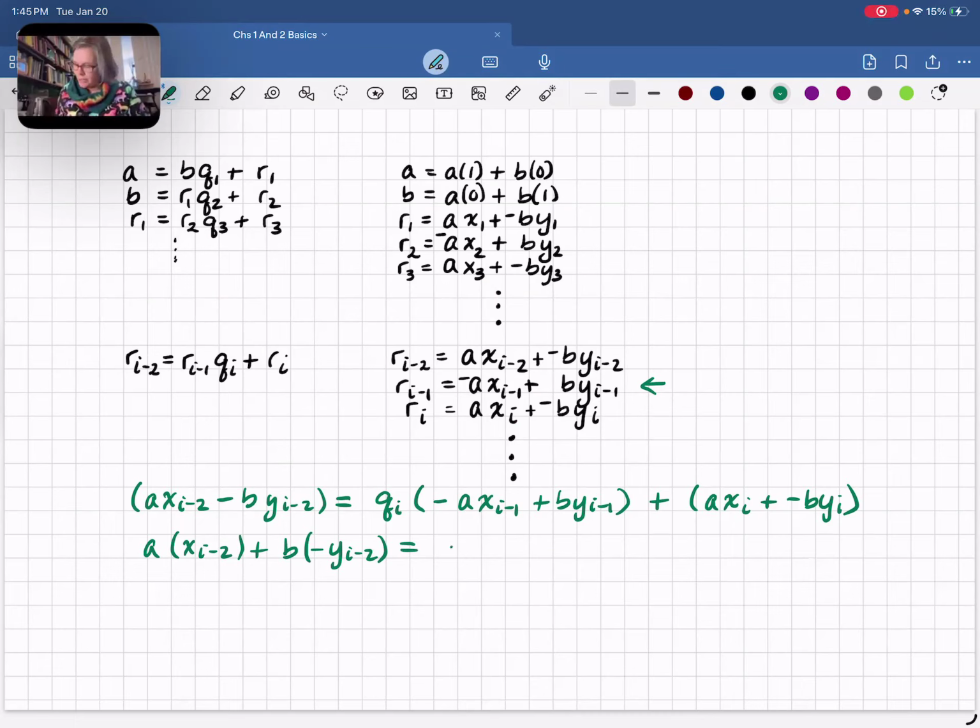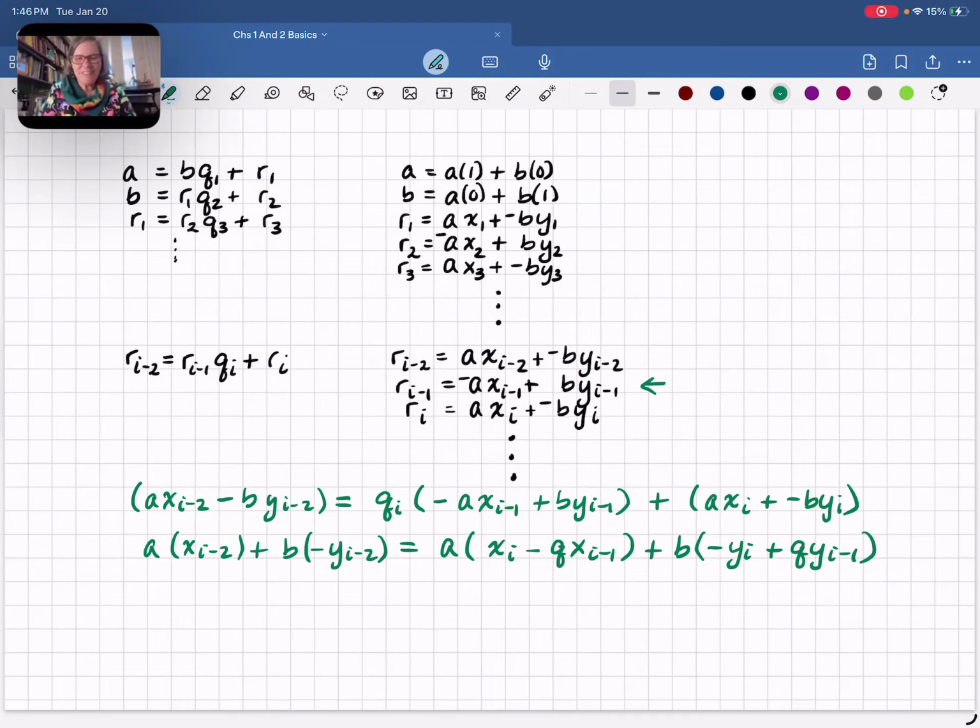On the right, I'll get a times xi minus qxi minus 1 plus b times negative yi plus qyi minus 1. Okay, let me just read over that and make sure I did that correctly.